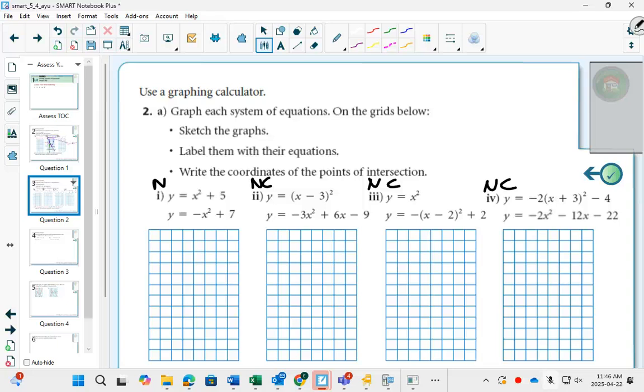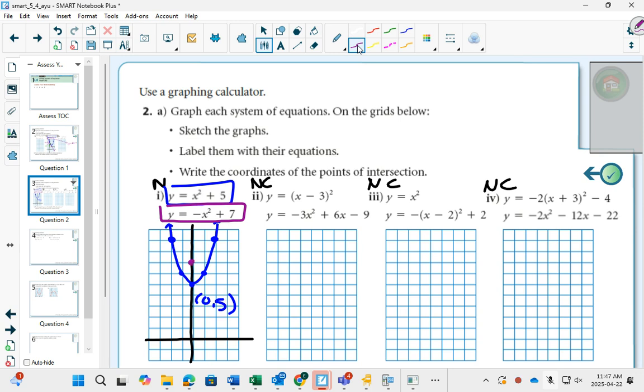I'm going to draw my axes sort of down here. I'll draw this one in blue. x squared plus 5, so 1, 2, 3, 4, 5. My vertex will be at (0, 5). Over 1, up 1. Over 1, up 3. Those are like key points. And I'll draw this one in purple.